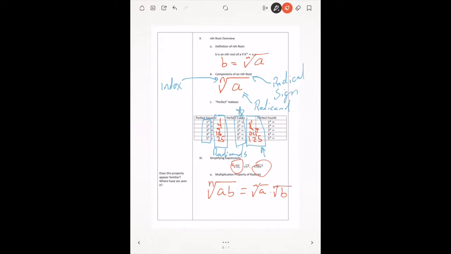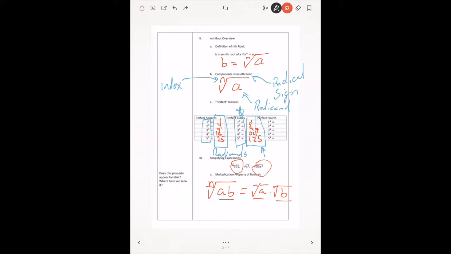We can take the radicals of each thing individually. I don't need to multiply first and then take the radical. I can take the radicals of each one and then multiply it together. That's the big idea here.